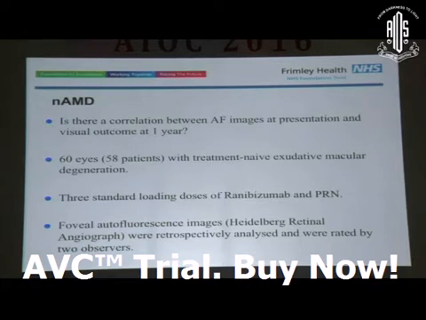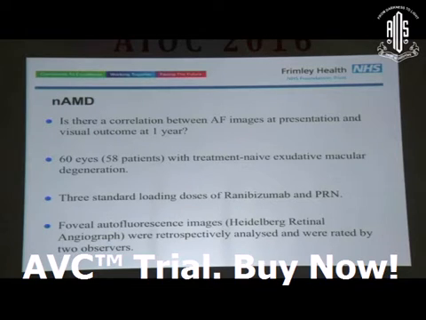His study was for 5 months and found that at the end of 5 months, it actually did give you a prediction. However, when we did this study of 60 eyes, treatment-naive patients treated for exudative AMD, we found that at the end of 12 months, unfortunately, there was no statistical significance between the foveal autofluorescence pattern and visual acuity.